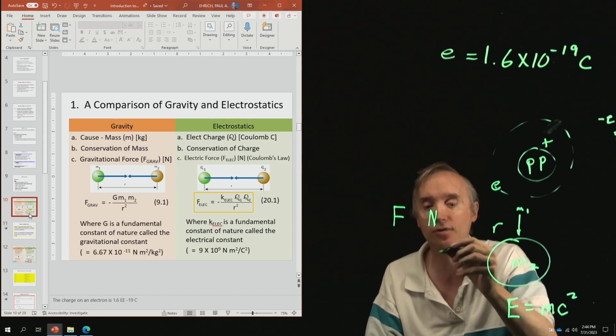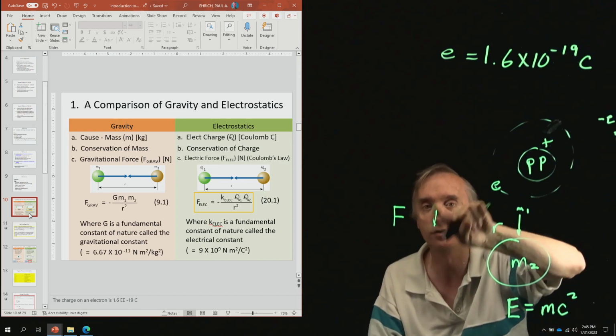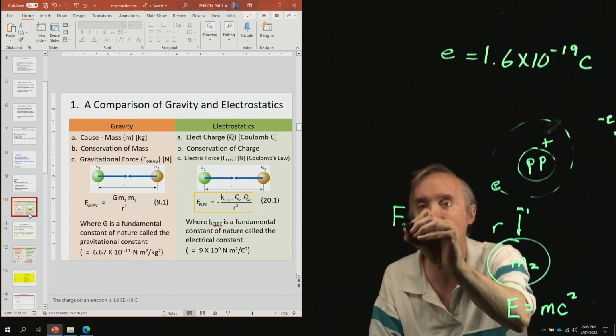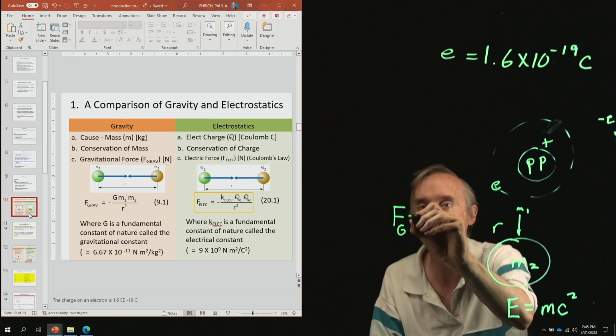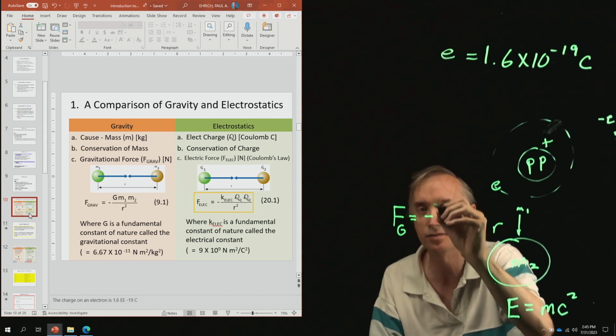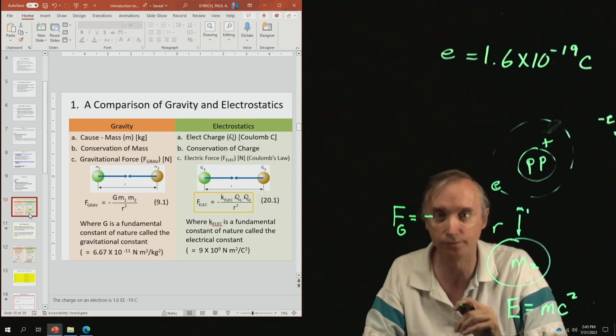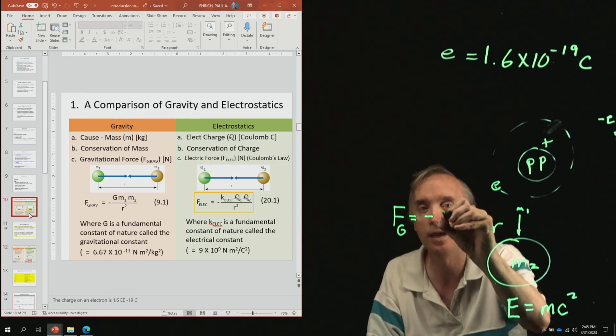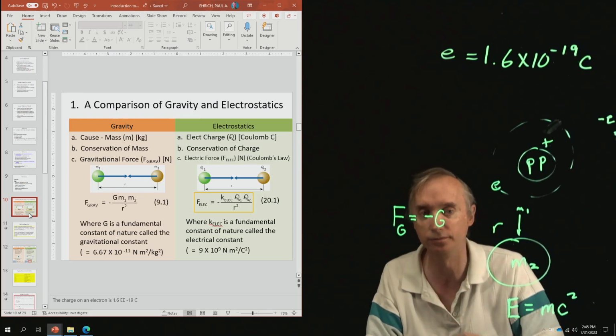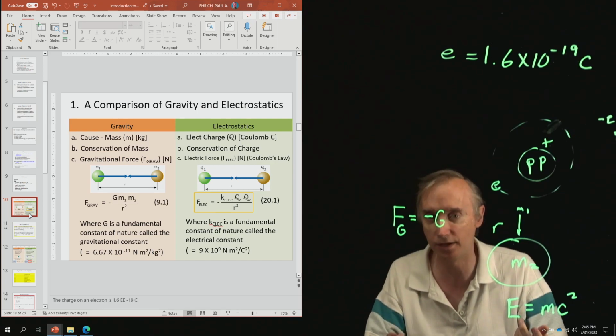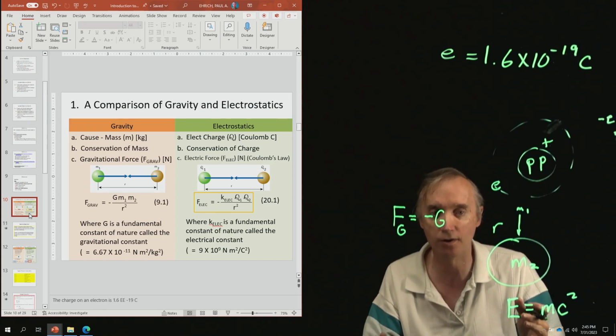So in the case of gravity, so let me get rid of this. In the case of gravity, we'll say the gravitational force is going to be equal to minus, and the minus sign just means that gravity pulls inwards. And then there's going to be a constant of nature that goes with it called the gravitational constant, which we don't care about, okay?